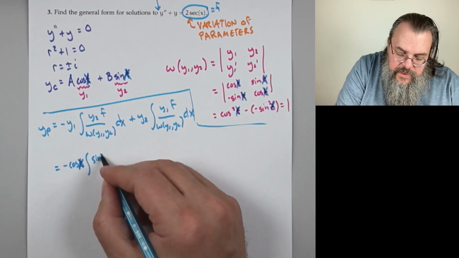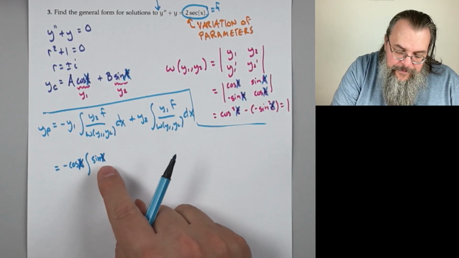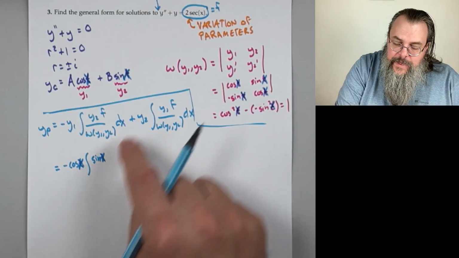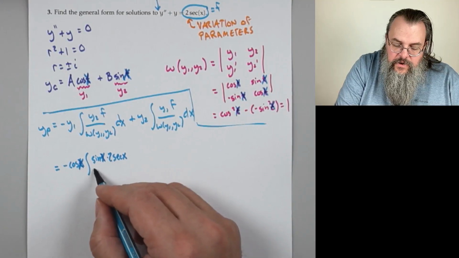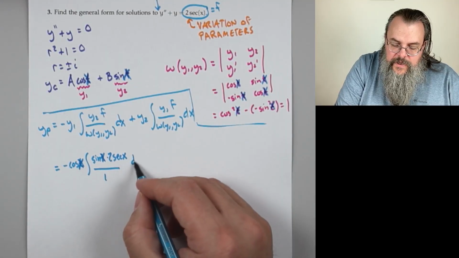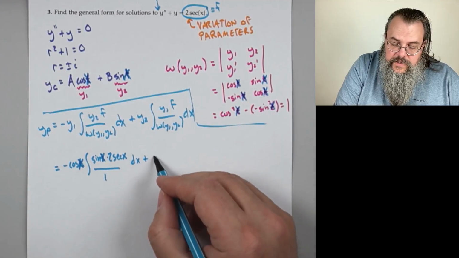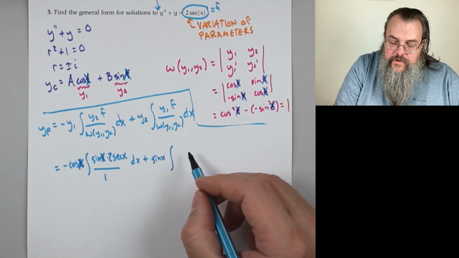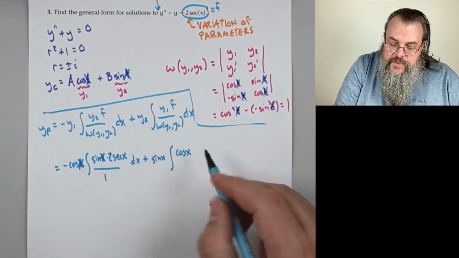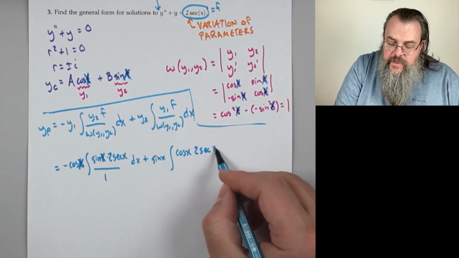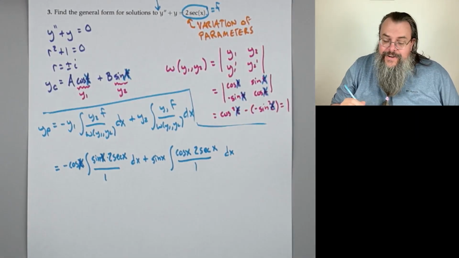Don't want to lose any silly points. Okay, so back to where we were. So y2 times f, so times 2 secant x over the Wronskian, which is 1, plus y2, which is sine of x, integral y1, which is cosine of x, times f, which is 2 secant x, over 1 dx.